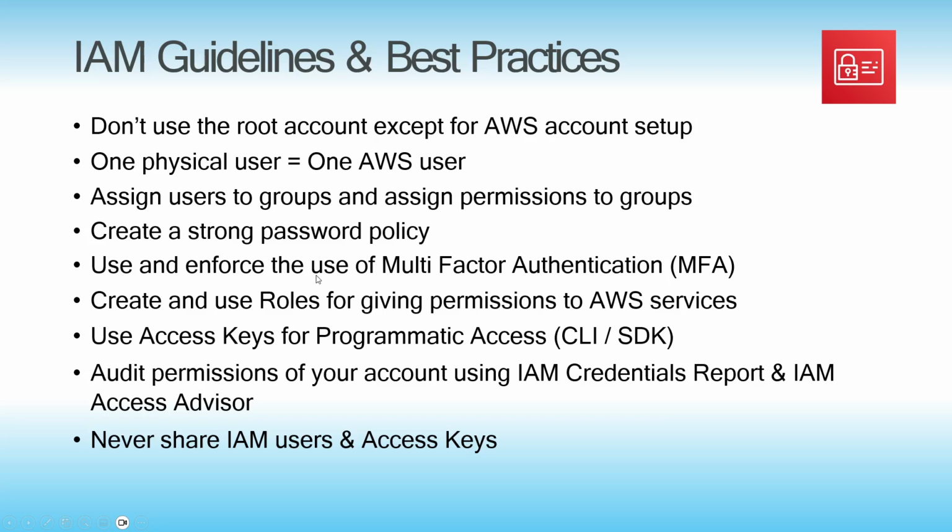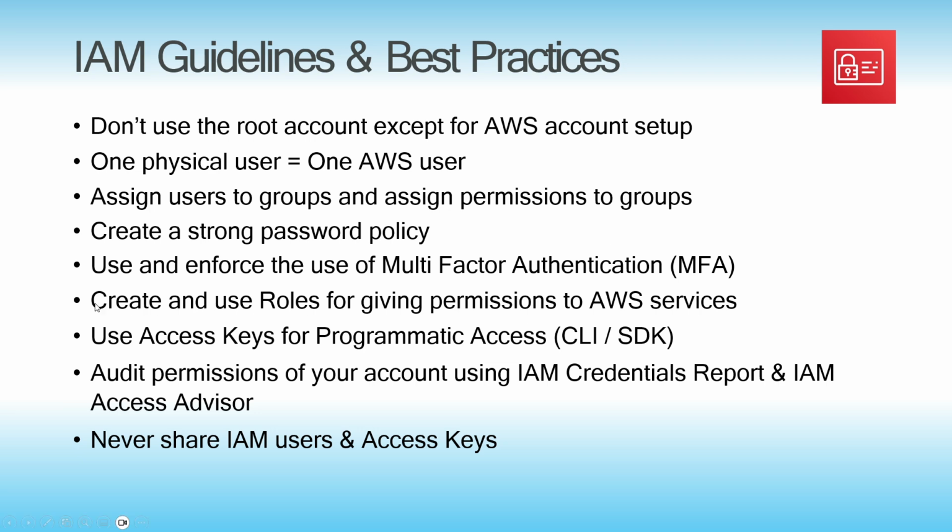And enforce the use of multi-factor authentication. Always enable multi-factor authentication for users so that every user has their device for a second level of access, meaning a second level of credential needs to pass, like a multi-factor token, and only then can they go through.